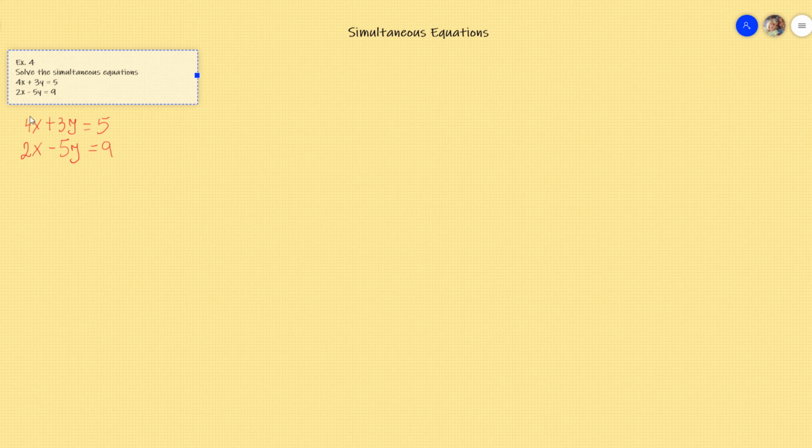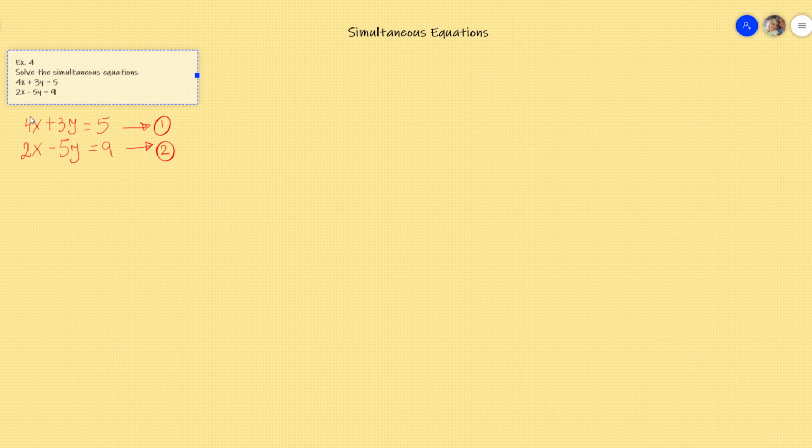As we see here, we don't have, as before, a y that is easier to isolate, or a minus variable and a plus variable in the other one. So here the easy way is by elimination. The first part is we have to decide which one is easier to eliminate. And according to this example, as you see, both of them have the same chances to be eliminated.